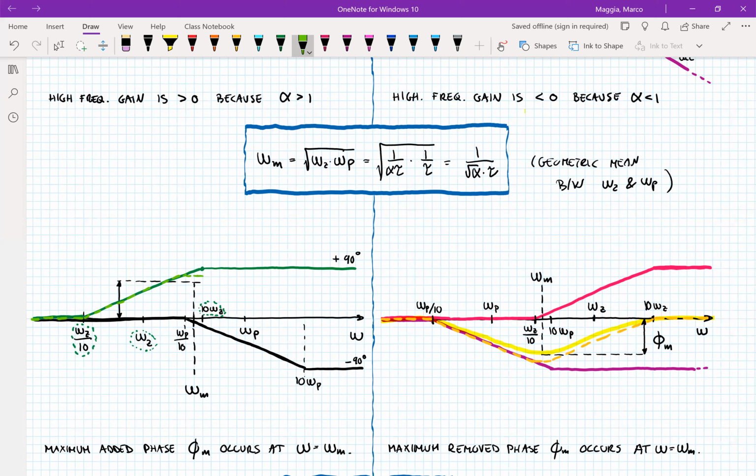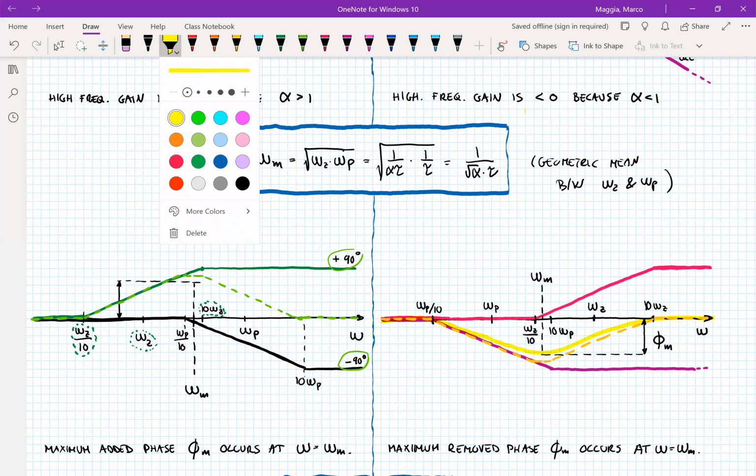And then the contribution of the zero just remains constant, and we are decreasing following the fact that the contribution of the pole decreases until we hit 10 omega p, and then we are back at 0 because the plus 90 will cancel out with the minus 90.